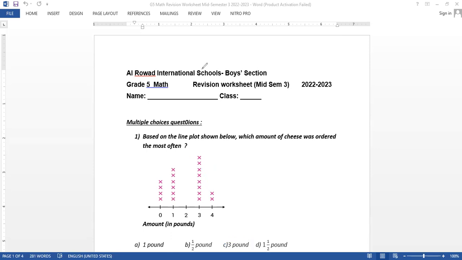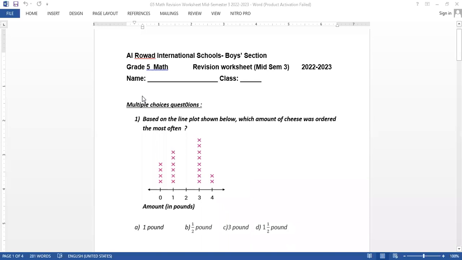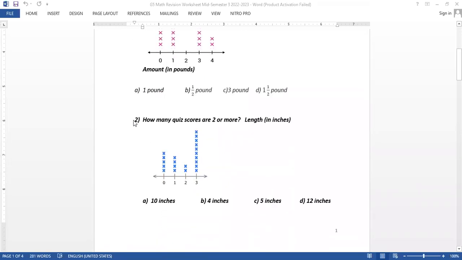Next question, question number 2. How many quiz scores are 2 or more? As you can see here, we have 0, 1, 2, 3. He asked me 2 or more. 2 or more means 2 and 3.